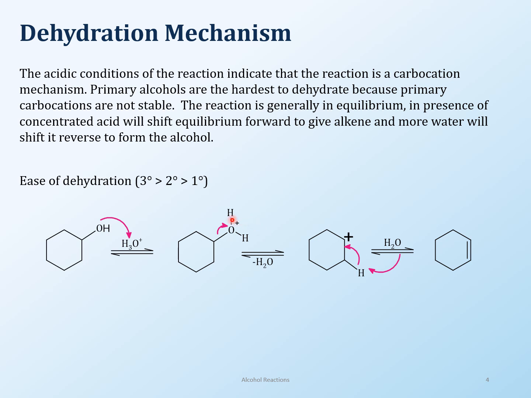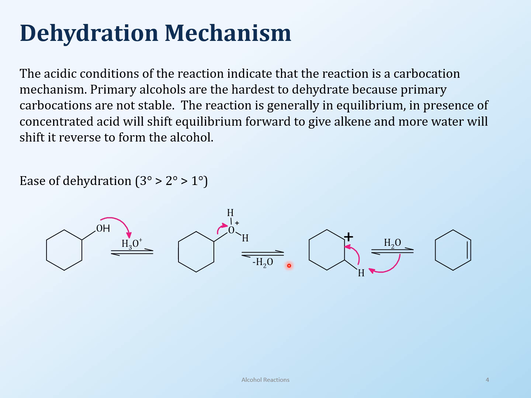So first of all, in acid mechanisms, this step is going to happen, which means the alcohol will get protonated. What happens after that protonation is the big thing, because in the case of dehydration, you are actually forming an alkene, so somehow the hydrogen has to go. Water is not the best nucleophile, but in the presence of H3O+, it is actually an okay nucleophile to pick up this proton.